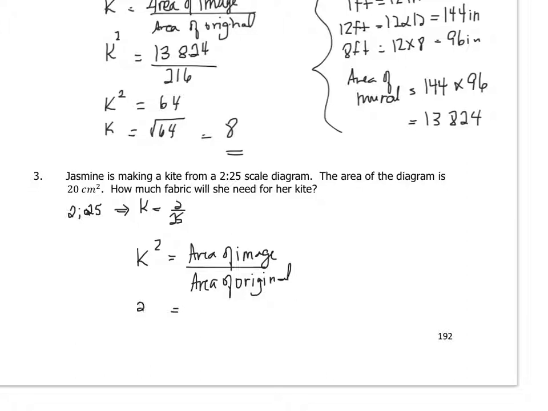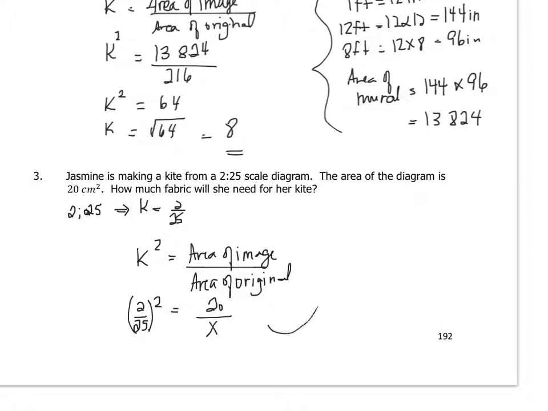K is 2 over 25. So that squared equals the area of the image, which in this case is 20, over the original, which would be x, because the image is going to be smaller than the original, which was the actual kite.